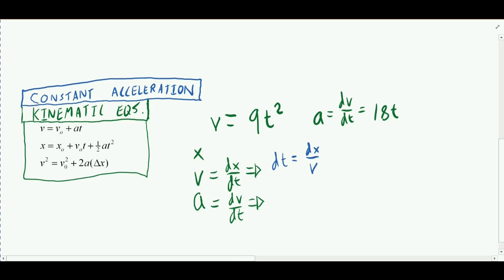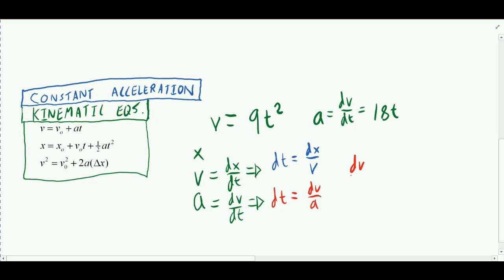Red for here. dt for this one equals dv divided by a, for acceleration. So now we can set these two equal to each other.